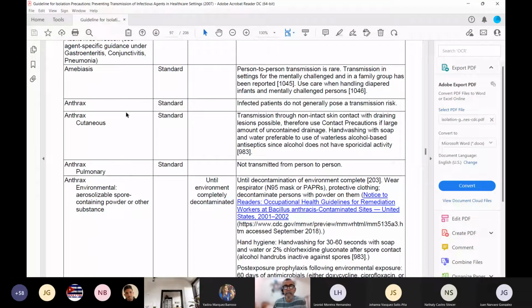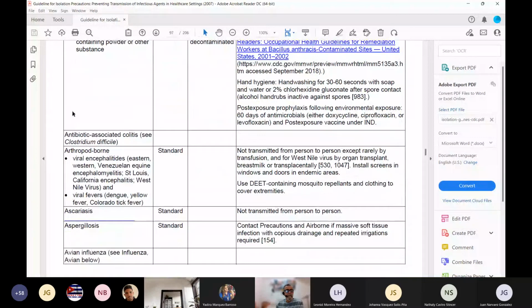For example, in this moment, I'm showing the diseases that start with A, and you have anthrax, pulmonary anthrax, and cutaneous anthrax, and any form of anthrax is standard precautions. That's a question in NCLEX. The topic is infection control, it's anthrax, and the answer is standard.